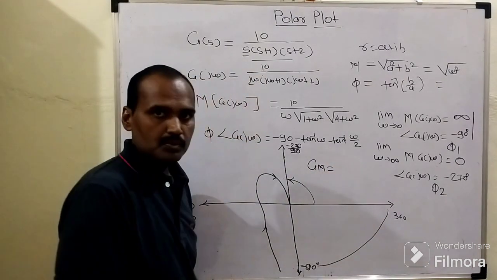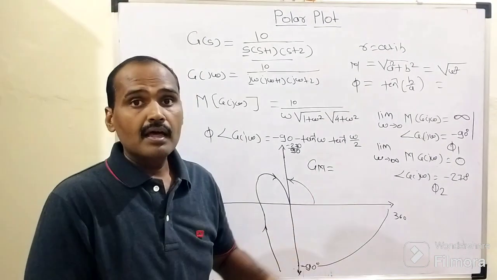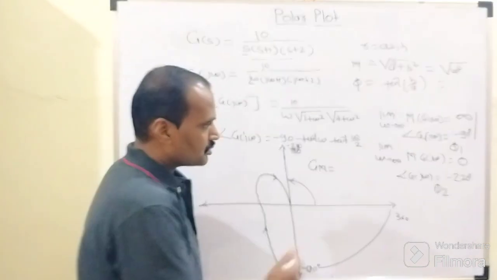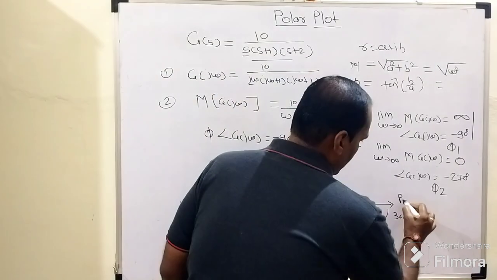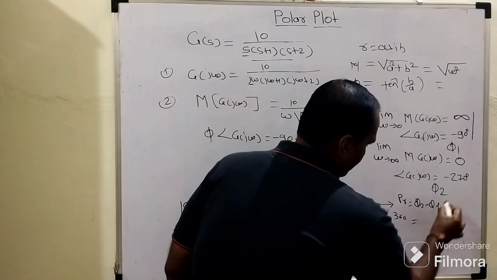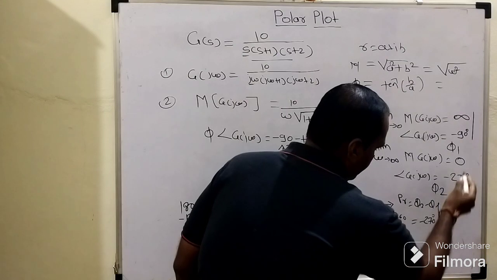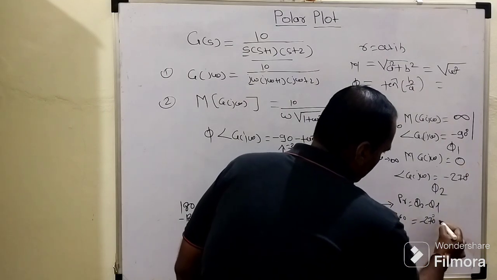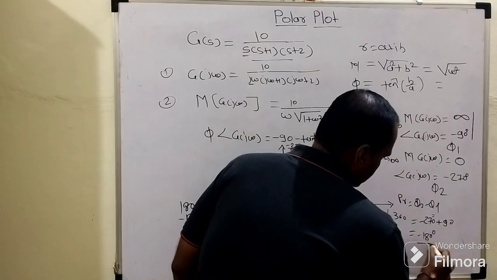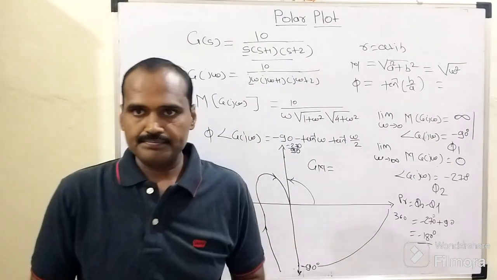To decide this gain margin, we need the total phase rotation taken by this polar plot, which equals what? The phase rotation PR equals phi 2 minus phi 1. Here phi 2 equals minus 270 degree and phi 1 equals minus 90 degrees. So minus minus becomes plus, and the phase rotation equals minus 180 degree.